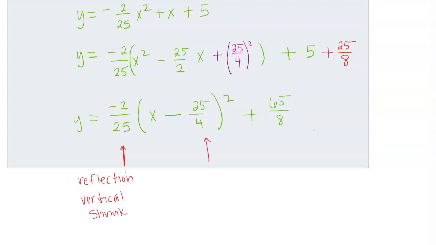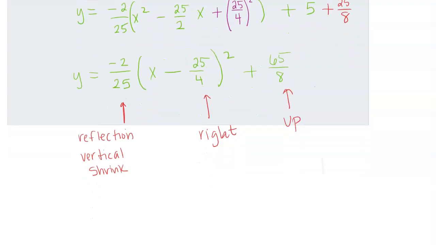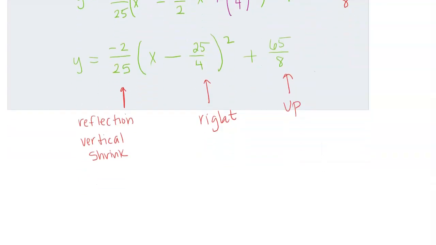This is going to move everything to the right, and this is going to shift everything up. So if we think about moving everything to the right and moving everything up, what ends up happening, this is a parabola faced upside down because that first term is negative.